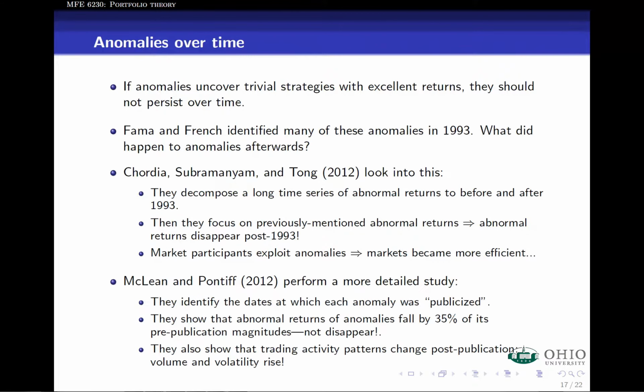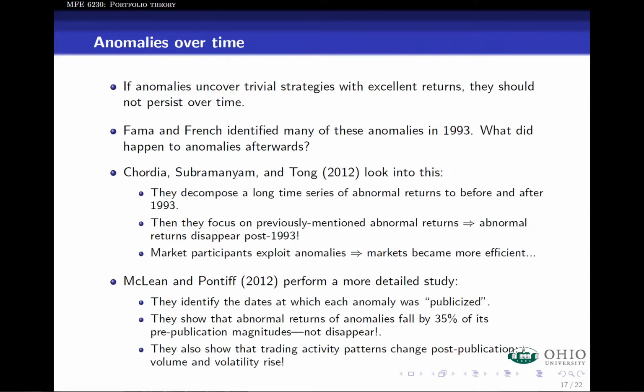There is a more detailed and more accurate study here, McLean and Pontiff. What they did was, okay, there are different anomalies identified on different dates. Let's look at the exact date of identification of those anomalies, which would be basically the date where a research paper, a white paper, or whatever was first published or publicized in general, and people got to know of something that they didn't know before.